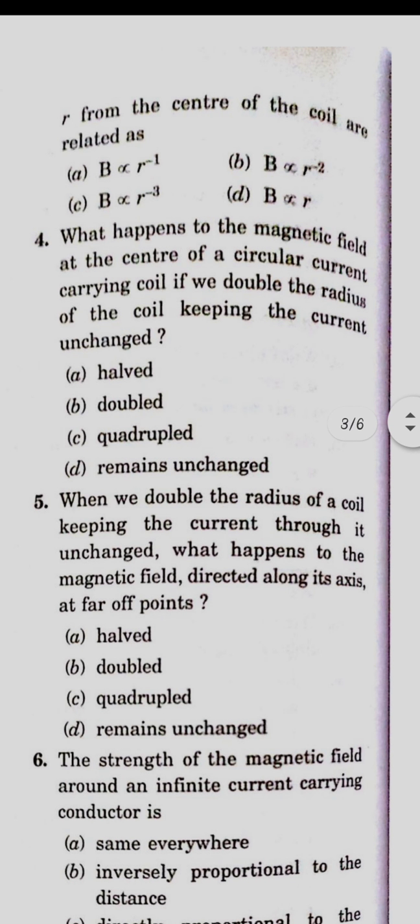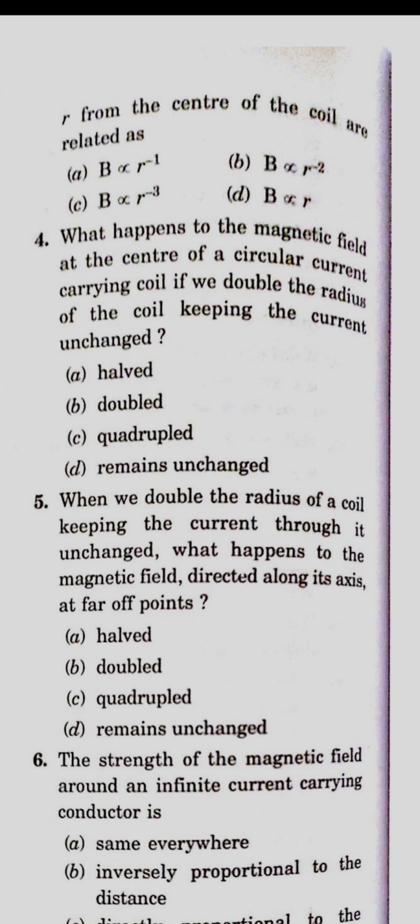Now the next question: what happens to the magnetic field at the center of a circular current carrying coil if we double the radius of the coil, keeping the current unchanged? A circular coil carries some current, and if we double the radius, the diameter also increases, and we take the field at the center of the circular coil.